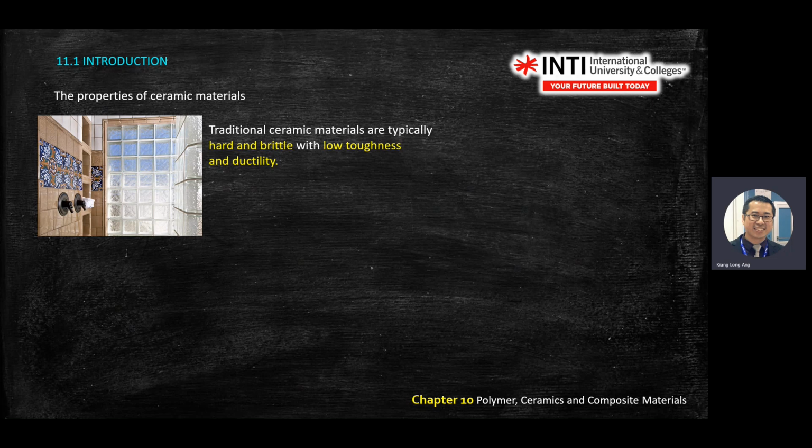So ceramic material properties, you think of all those tiles, they are hard, they are brittle, and they have low toughness and ductility. Low toughness means they are not able to sustain tensile forces. It means if you go and pull the tile in your toilet, it easily breaks. But if you try to compress it, then they are able to handle the compression test.